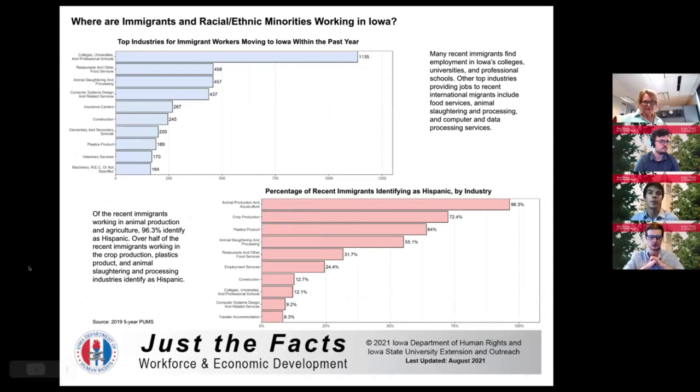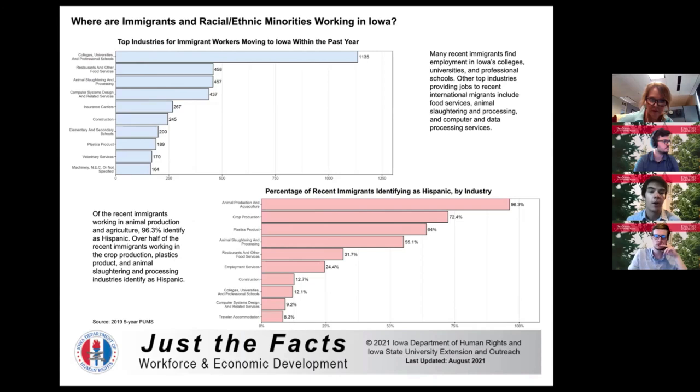Another topic of our poster was one of the populations we were interested in, which was immigrants and people who are coming into the state of Iowa. This poster looks at why and to what industries immigrants are coming into in the state of Iowa.